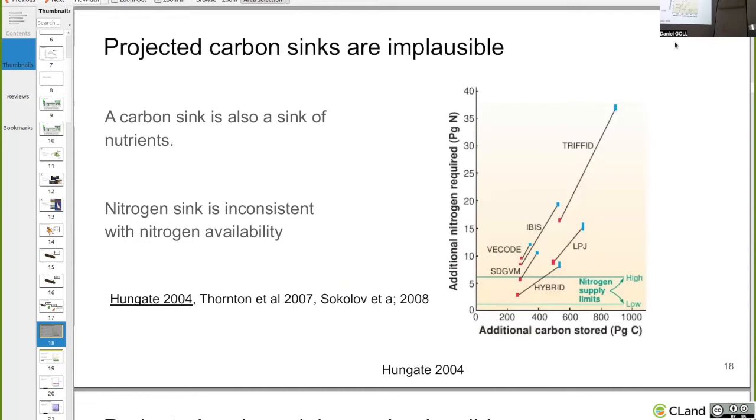He used projections of carbon models with respect to the future carbon sink on the y-axis, and he used information where it is stored, in wood, leaves, etc., and the respective carbon to nitrogen ratio to derive the nitrogen requirement for the sink. And he then compared it to an estimate of how much nitrogen is available in soils, and you can see many of these models predicted a carbon sink which is not in line with respect to its nitrogen requirement and the nitrogen availability in soils.